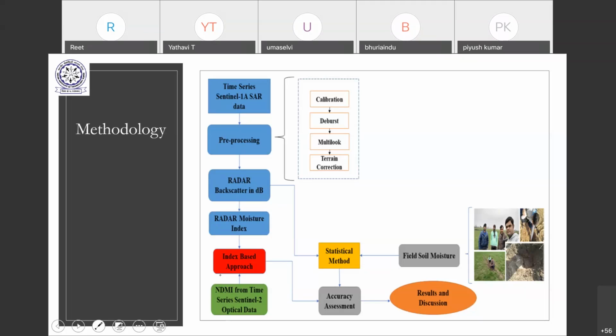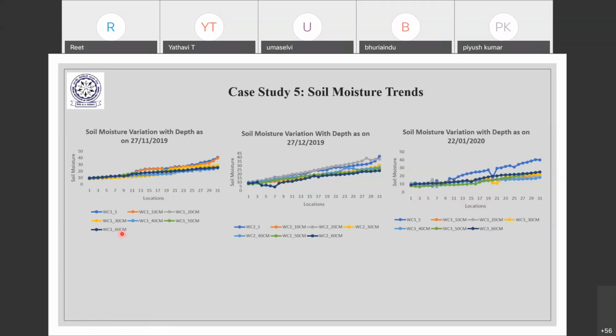So these are the moisture trends which were collected from the soil field, and here you can see that we have collected the moisture from various depths, from surface up to 60 centimeters of depth, because our aim was not only to estimate the surface soil moisture, which is usually done by most of the remote sensing methods, because whatever reflectance is there, it is there from the topsoil. So we get the moisture content of the surface.